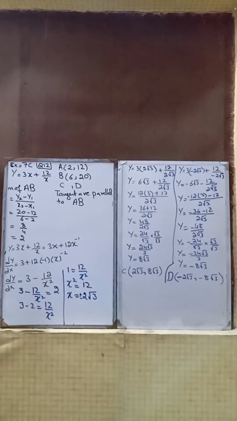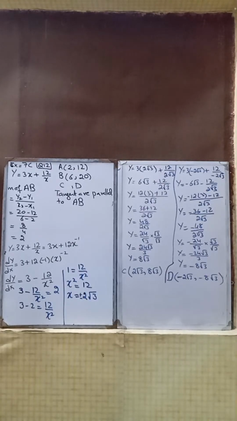Okay, we have the coordinates of C and D. We can find the midpoint of the CD, we can find the gradient of the CD, and then we can find the gradient of the perpendicular, and by using that midpoint and that perpendicular's gradient, we can find the equation of the perpendicular bisector. That's the B part of question number 12 of exercise 7C.